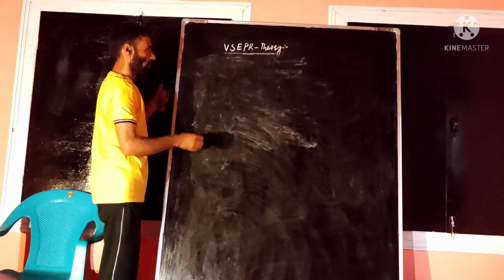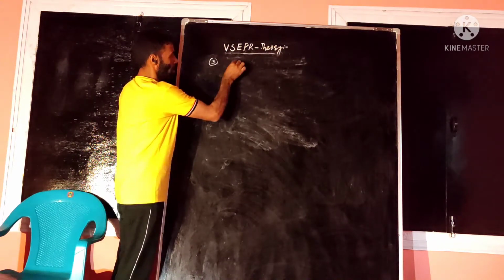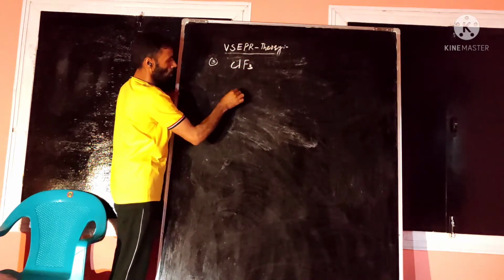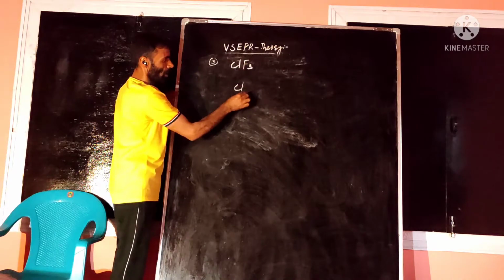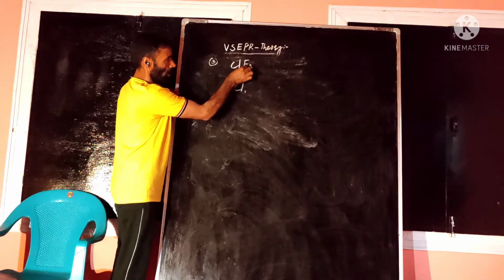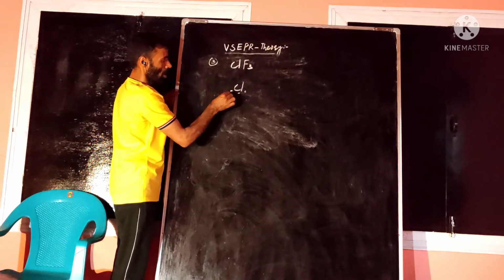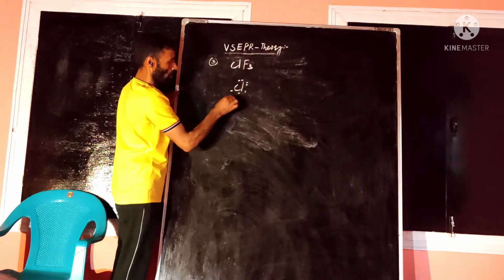The third example which I may mention here is ClF3. We know chlorine has 7 valence electrons. Among them, 3 are bond pairs, because there are 3 fluorine atoms. So 3 bond pairs, and 4 electrons will remain as 2 lone pairs.